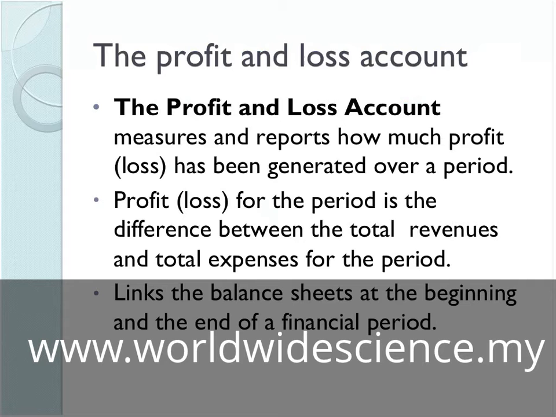So you must remember that we always prepare the profit and loss account each year at the end of the year as an income statement. And the formula is always, for the income statement, the difference between revenues and total expenses. Which you remember, revenues minus expenses would be net income, right? This is our profit and loss account.